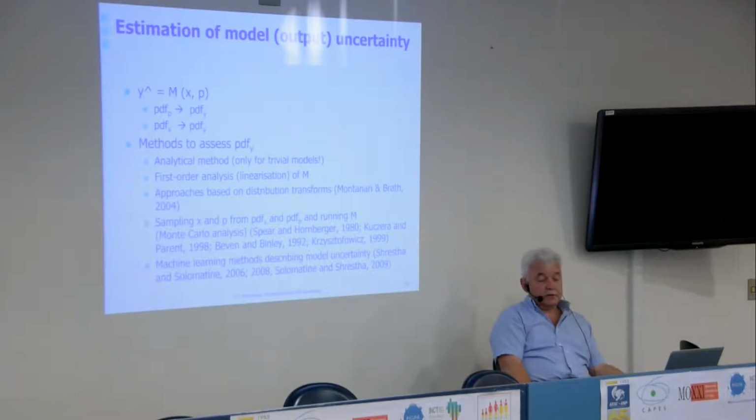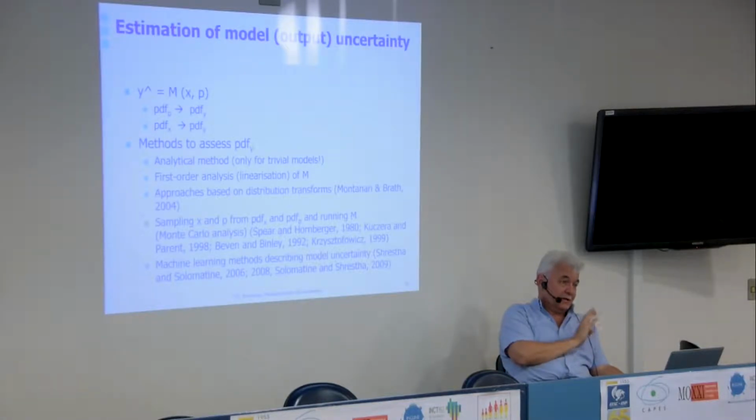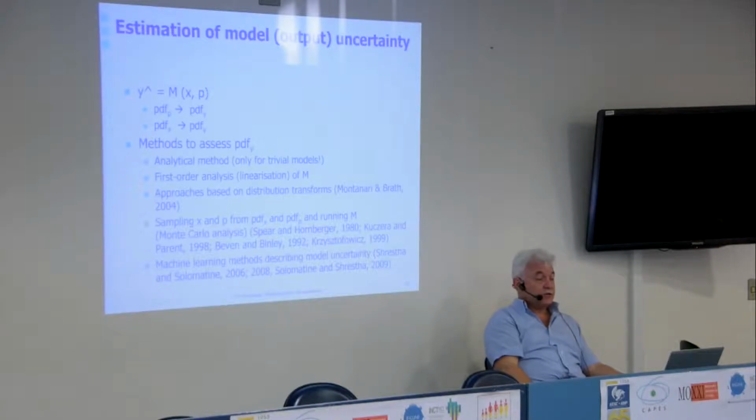P is a vector, yes, but imagine only one parameter. There are no variables. Input is X, one input, one parameter, one model, M. Imagine it's even analytically given. Simple case. And output is Y, one real value. So instead of P, I'm putting a PDF. Can I do something to calculate Y?